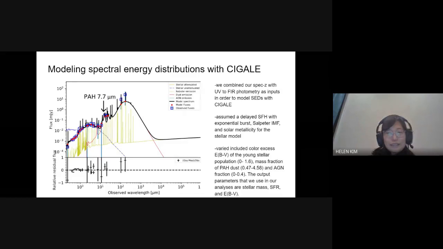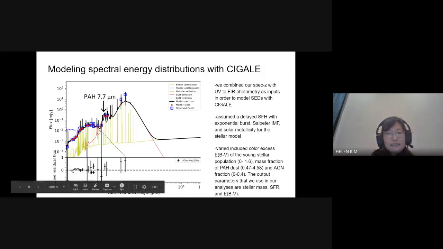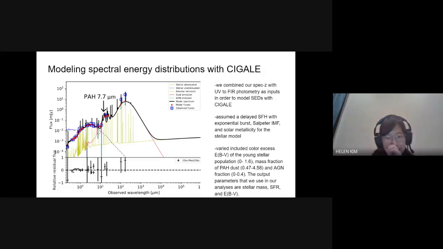And so we assumed a delayed star formation history with an exponential burst, Salpeter IMF, and solar metallicity in the model. And we varied several parameters that we were interested in, including the color excess, the mass fraction of the PAH, and AGN fraction.